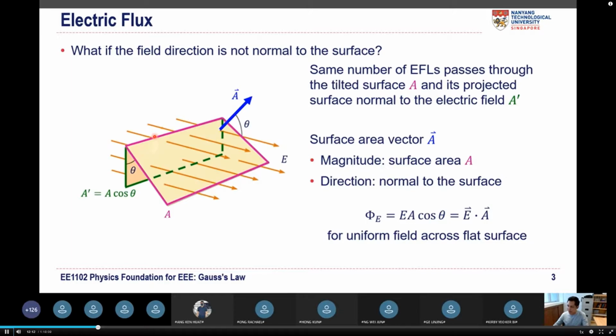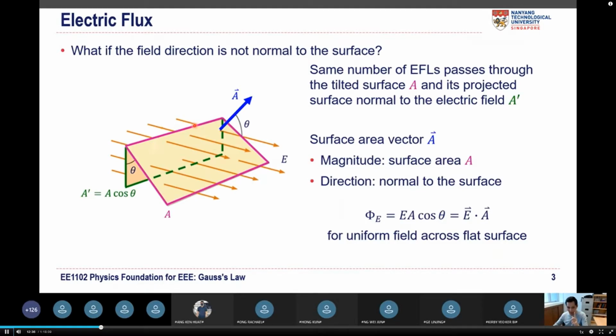We've discussed last time that area can also have a vector. Surface area can be represented as a vector, where the magnitude of the vector is equal to the size of the area itself, and the direction is always normal to the surface.